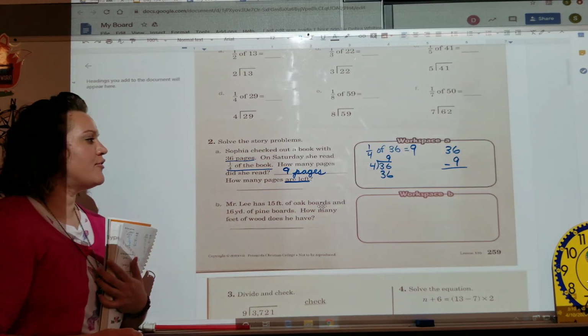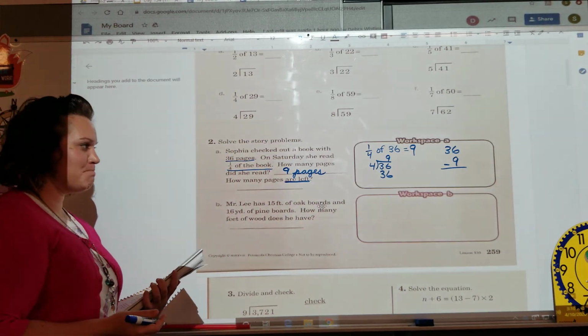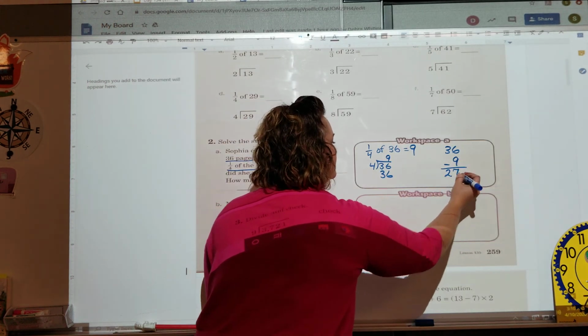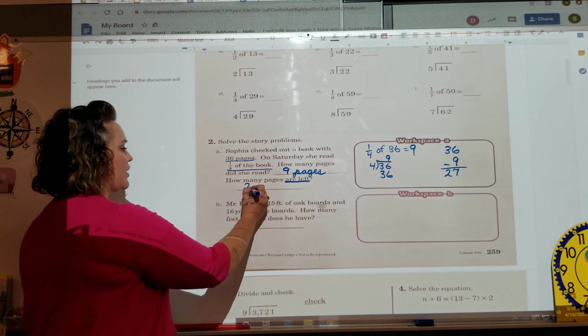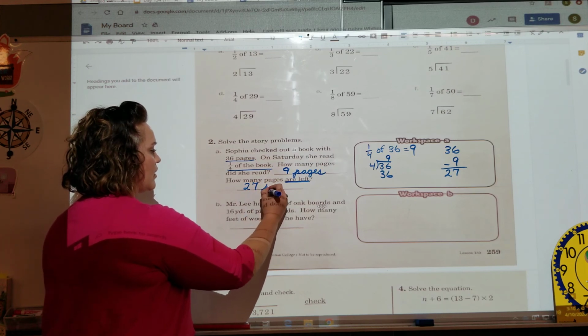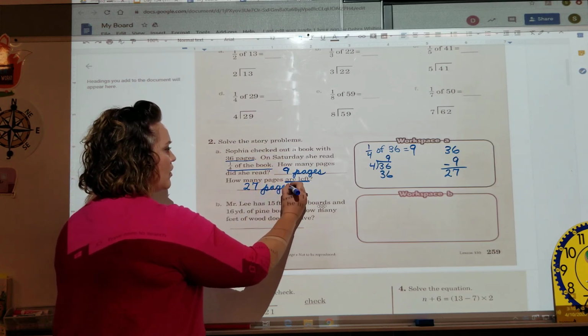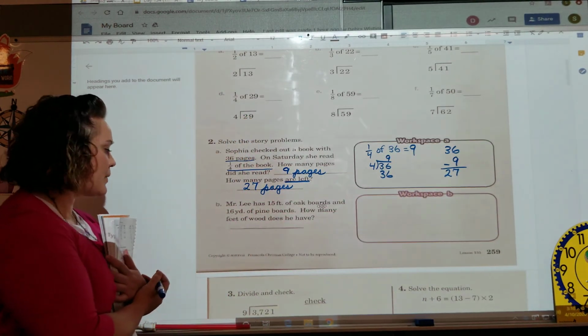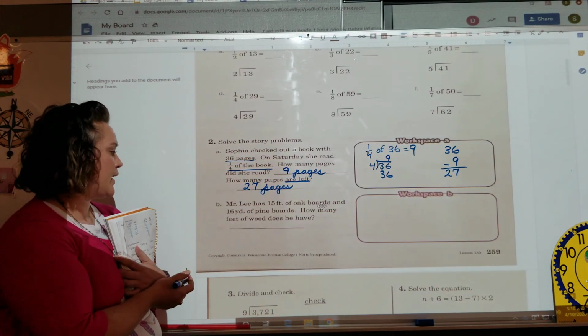Go ahead and solve for your answer. And you should have 27. Your answer comes over here and you would fill it in. Now in this one, remember, you probably needed to go up and do some borrowing if you didn't have it where you could think through it.